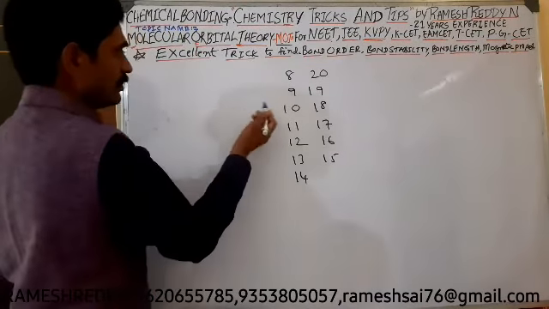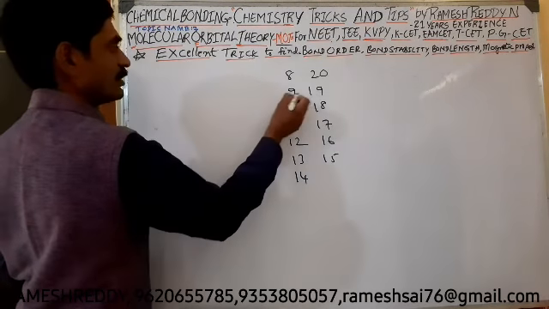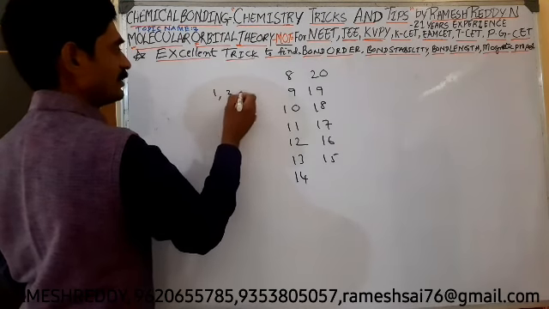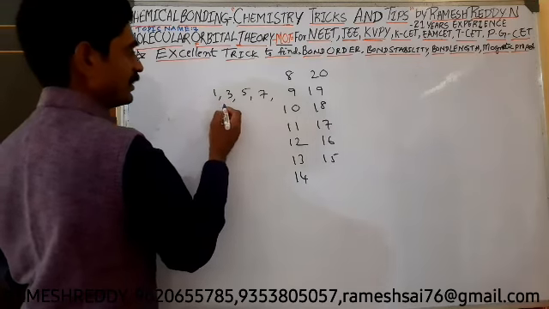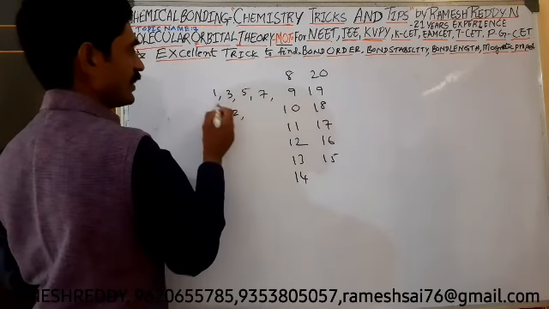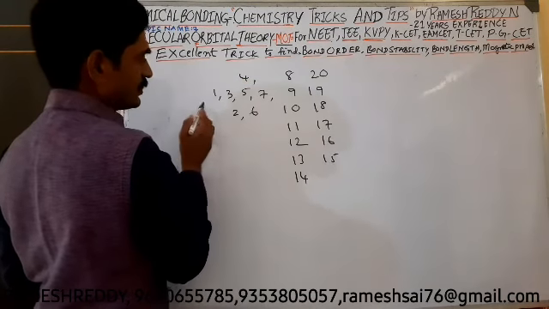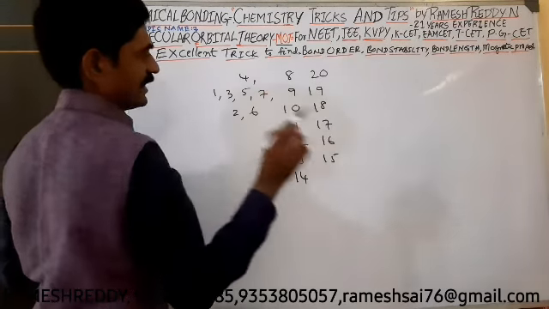Next, the remaining ones, 1 to 7. Here this 9, 19 are odd numbers of electrons, right? So that is 1, 3, 5, 7. Next here 2, 1, 2, 3. Next here 4. Next here 6. See, 1, 2, 3, 4, 5, 6, 7, 8 remaining, right?